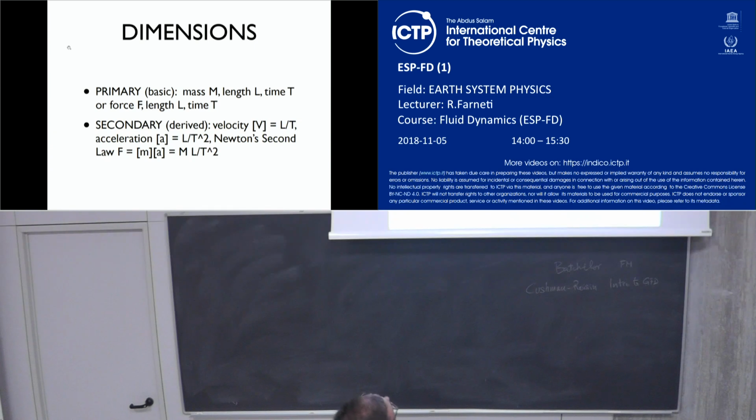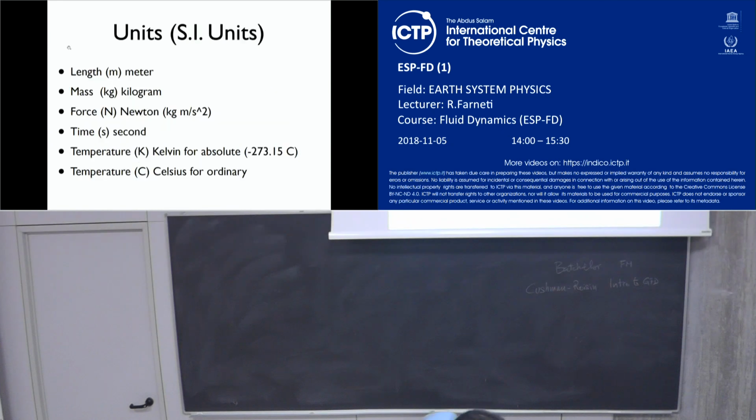Derived dimensions, for example, velocity. Velocity is derived from length and time. This is all ways of describing fluids. Units that you use, all in GFD and so on: meters, kilograms, Newtons for forces. Temperatures, both in Kelvin and in Celsius. It doesn't matter.